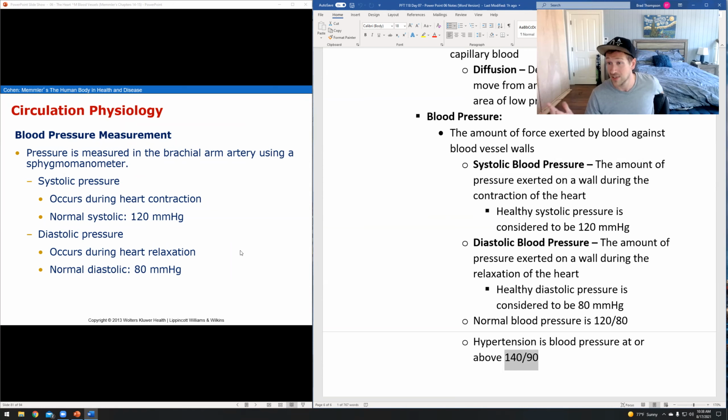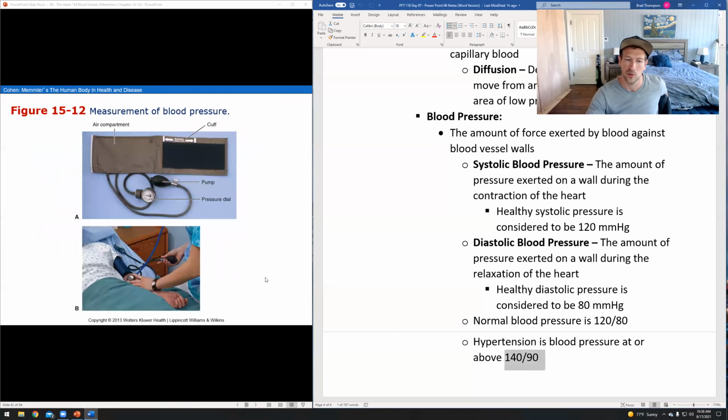Or maybe stress is doing that. Or maybe you just have a bunch of plaque in your blood vessels. Well, then the pressure is going to go much higher because the same amount of blood is going to move through a much smaller tube. So pressure is going to be way higher. If it ever gets to around 140 over 90, that is what we refer to as hypertension. And that is dangerous. That can damage your heart.